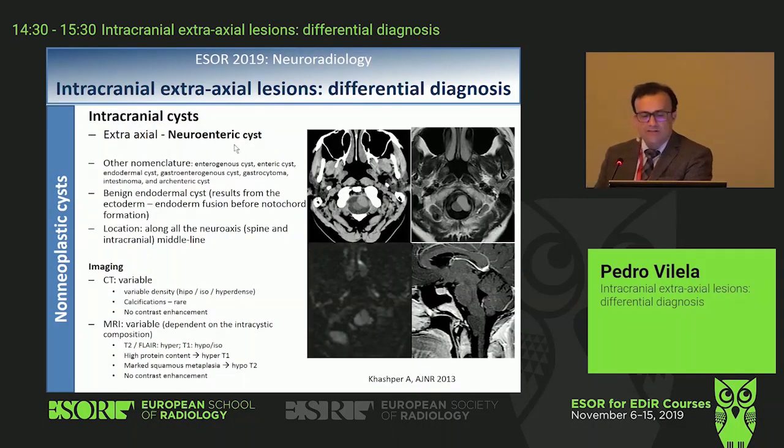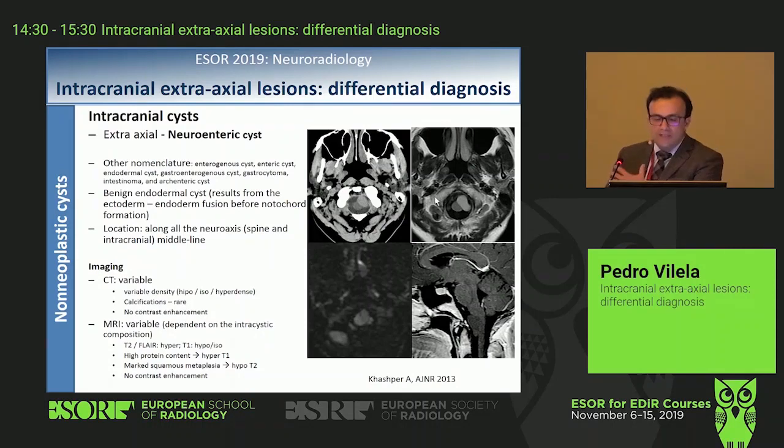Well, neuroenteric cysts are rare. They are endodermal cysts, and they can be present all the way from the spinal cord to intracranial. They are generally at the midline or just slightly off the midline. And the signal intensity is very variable on CT and on MR because it will depend on the content of the cyst, if it's more fluid or if it has more proteins or mucin.